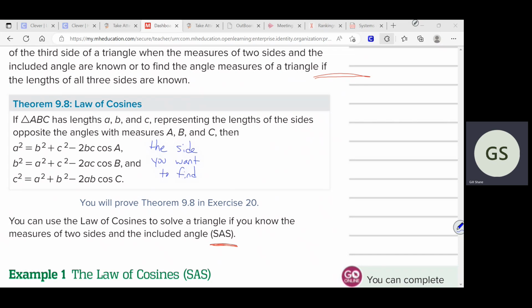You don't have to write what I'm doing. I'm trying to help you out if you're confused by the fact that there's three different things with A's and B's and C's everywhere. So the side you want to find is always what goes on the far left, and that's going to be squared. So don't forget that. That's going to equal 173.